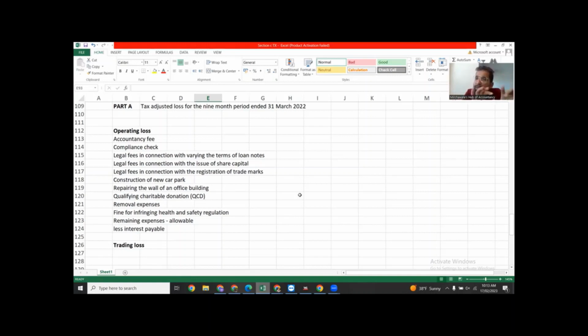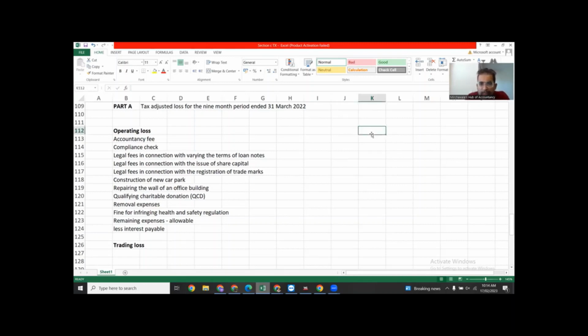It's not my objective to teach you how to write operating loss word, or how to write accountancy fee. Obviously, we are mature enough to write all these things. A kid can write this, okay? But in the exam, you need to do it from zero. But just to save my time, I do these things before the class.